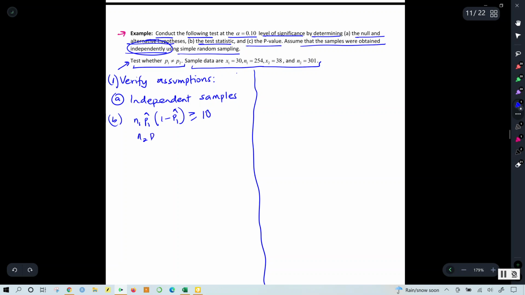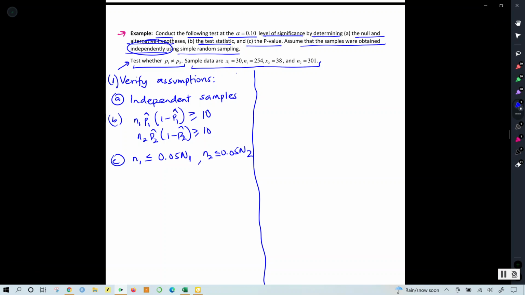We also check if this is also true for the second sample. And then 3C, we check if the sample size of each of the samples we are selecting is no more than 5% of the population, of each of the populations. This can be verified at your own ease.